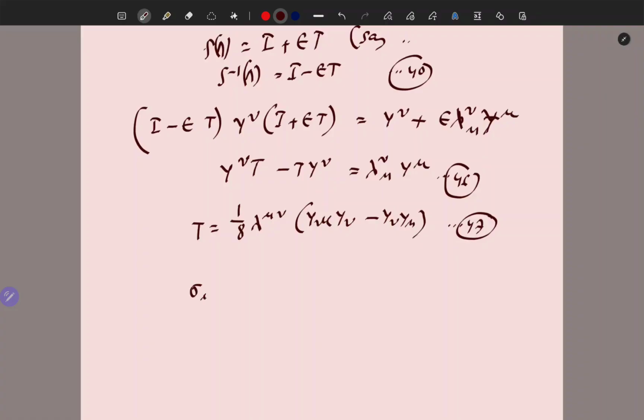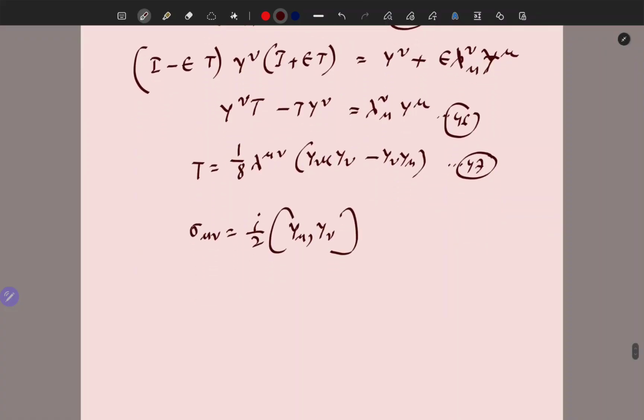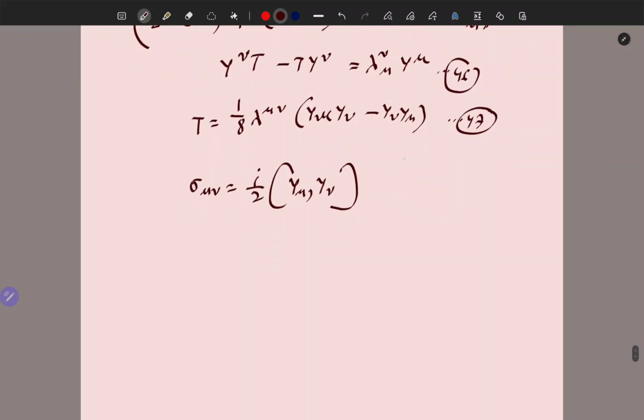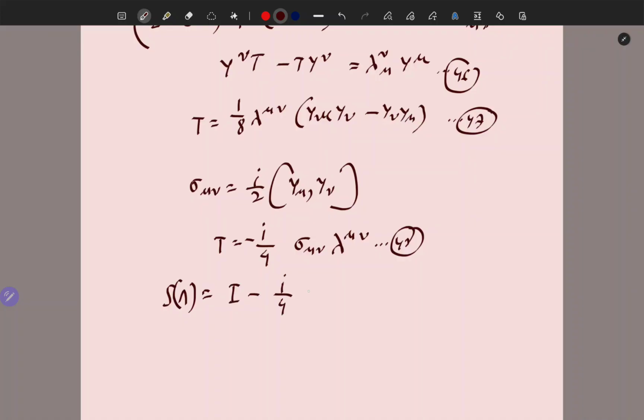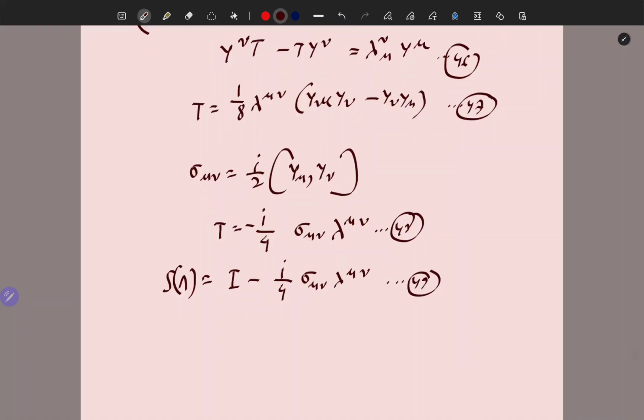Earlier we have introduced σ^{μν} equal to i/2 (γ^μ γ^ν minus γ^ν γ^μ). Therefore equation 47 can be written as t equal to minus i/4 σ^{μν} λ_{μν}. This is equation number 48. So that S(λ) equal to I minus i/4 σ^{μν} λ_{μν}. This is equation number 49.